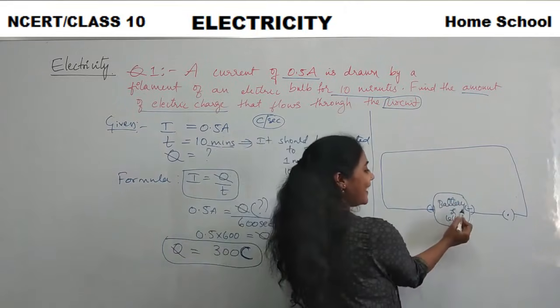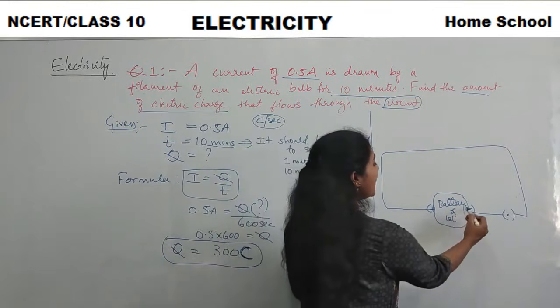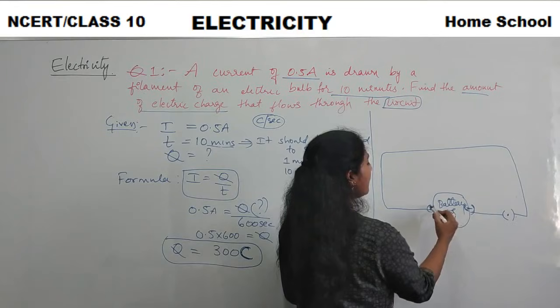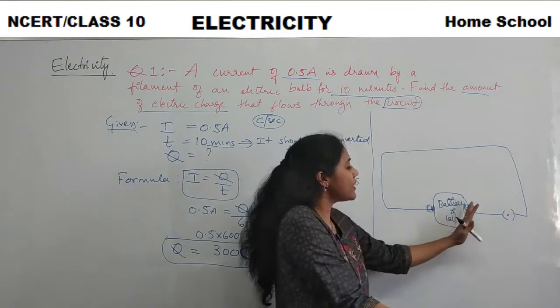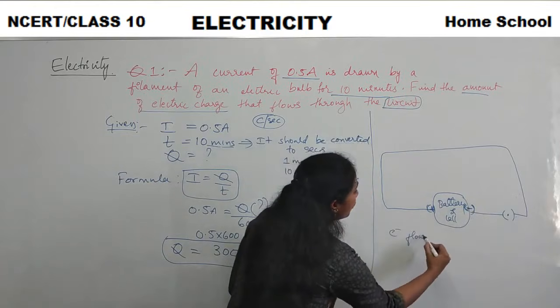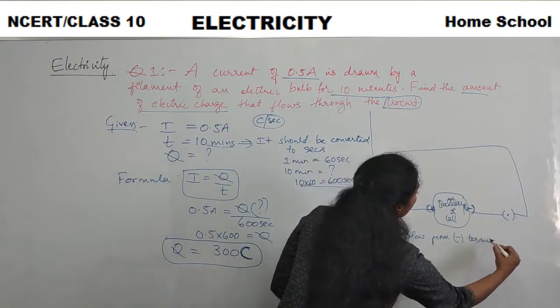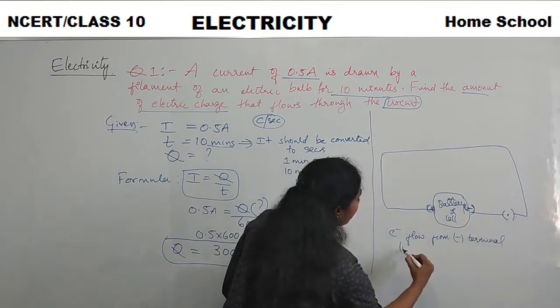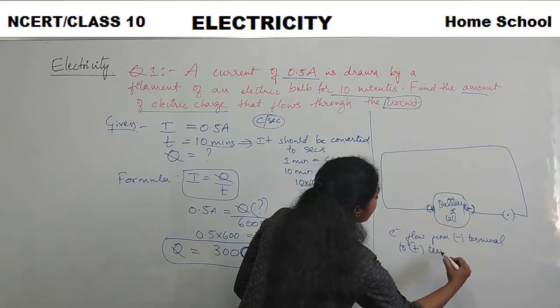So this battery is the source of energy, guys. The battery has two terminals, a negative terminal and a positive terminal. In the negative terminal, you will have more energy, more electrons. Electrons always flow from the negative terminal to the positive terminal. Negative terminal to positive terminal always.